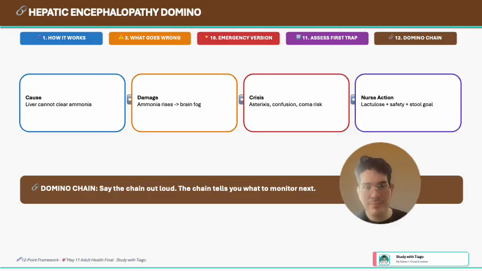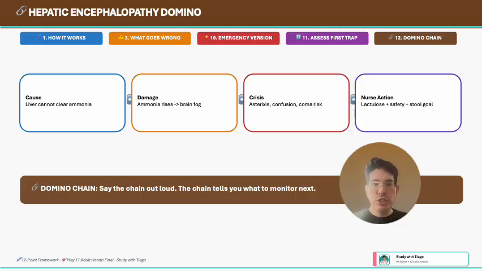Now, the encephalopathy chain. The liver normally helps process toxins like ammonia. In severe liver dysfunction, ammonia can build up and the brain becomes affected. The patient may show sleep changes, irritability, confusion, poor concentration, decreased level of consciousness, or coma.